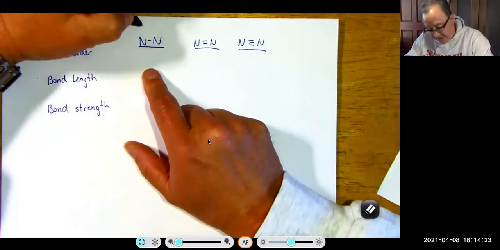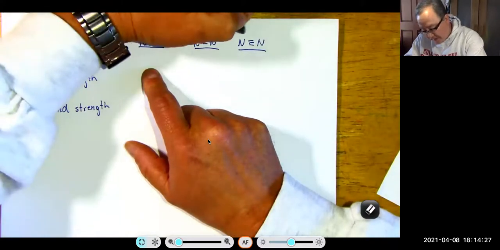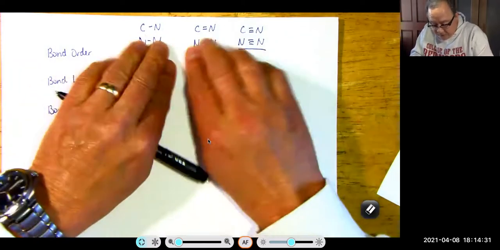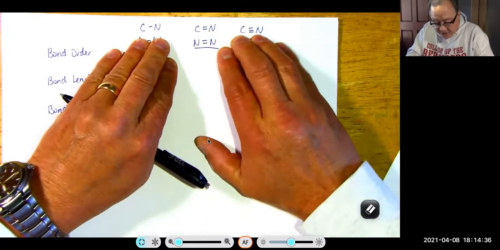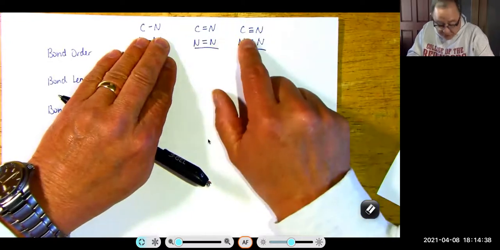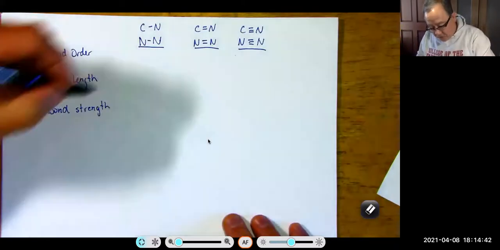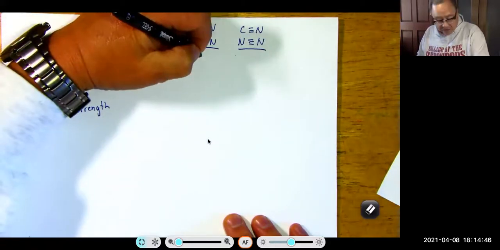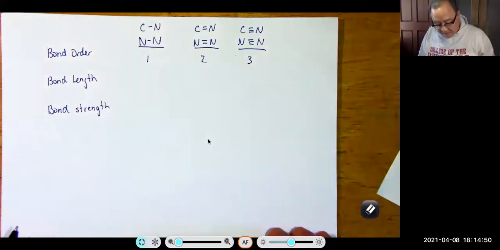I could have done CN, C double bond N, or C triple bond N. The idea here is that whatever 2 atoms we're comparing, we compare them all the way across. So a carbon and a nitrogen, or nitrogen, nitrogen, etc. So here the bond order is 1, regardless of which one you have here. It's a 2, regardless of which one you have here. And it's a 3, regardless of which one you have here.